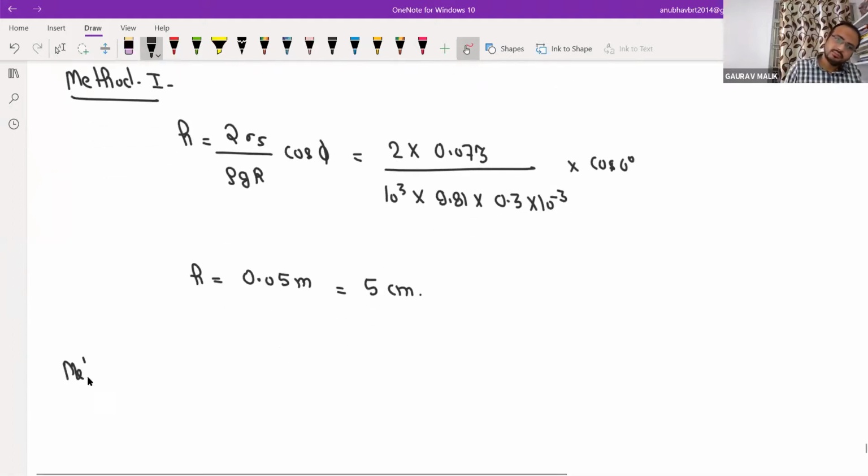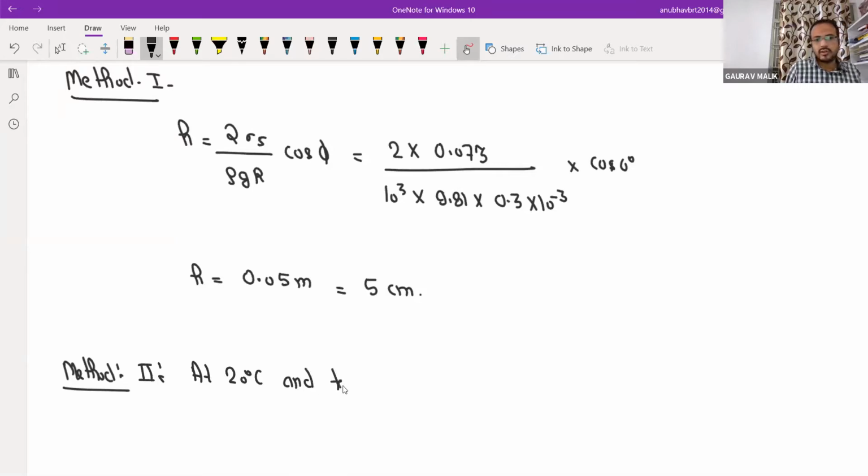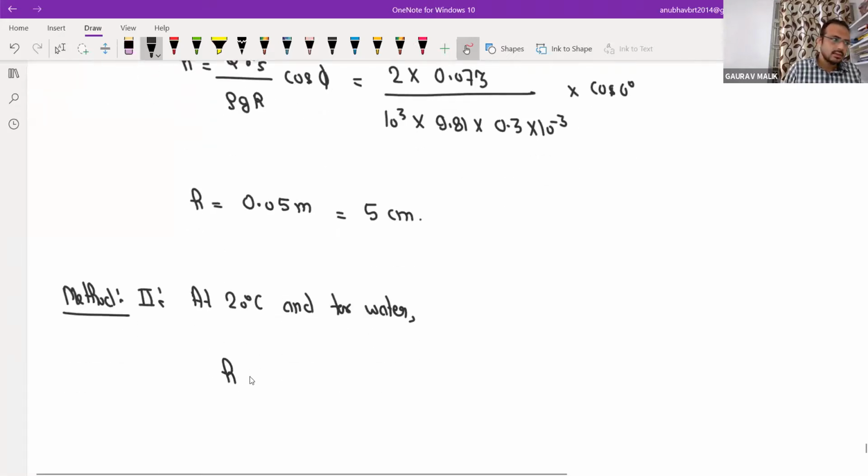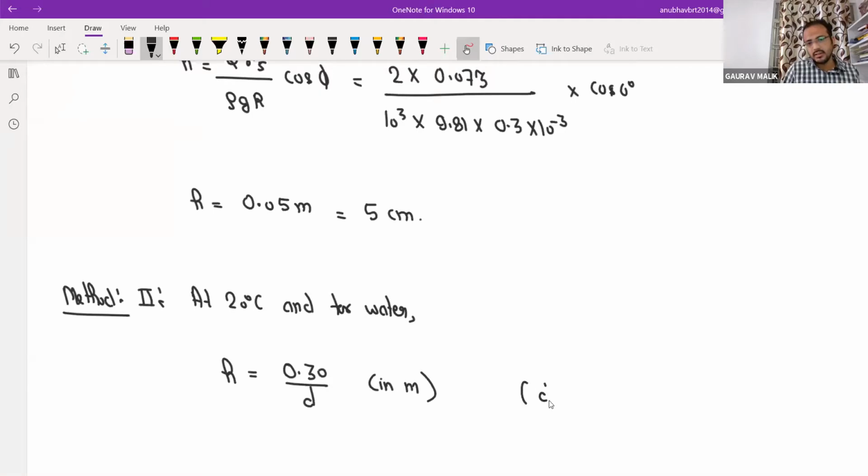Method 2. I told you at 20 degrees Celsius and for water, because most of the time you will get problems related to water only, and we need to save our time also. H is equal to 0.30 by D. The answer will be in meter, but take care that D is in centimeter.